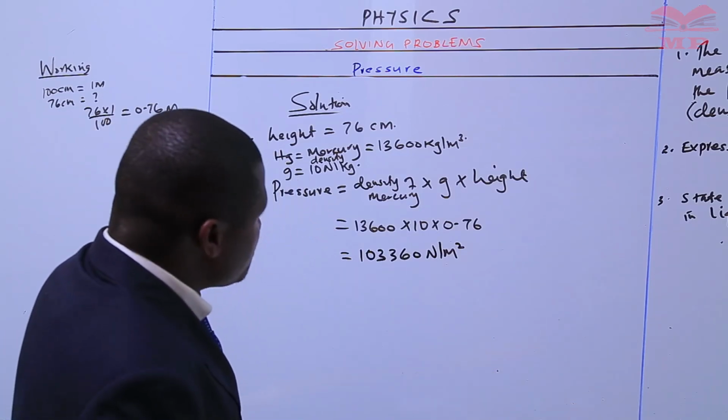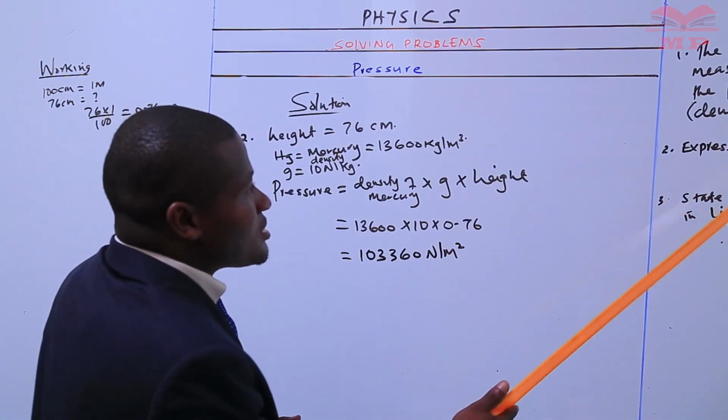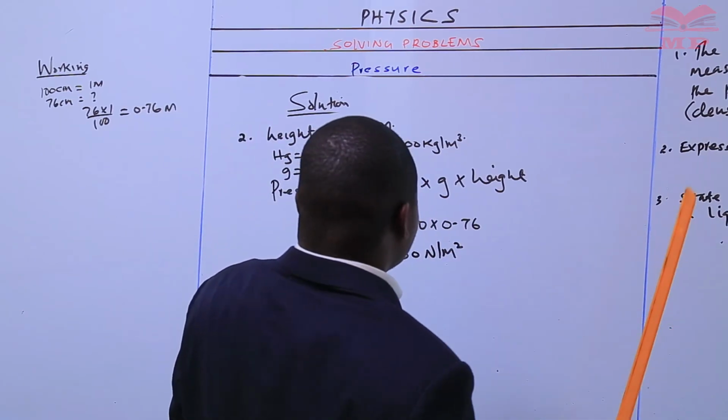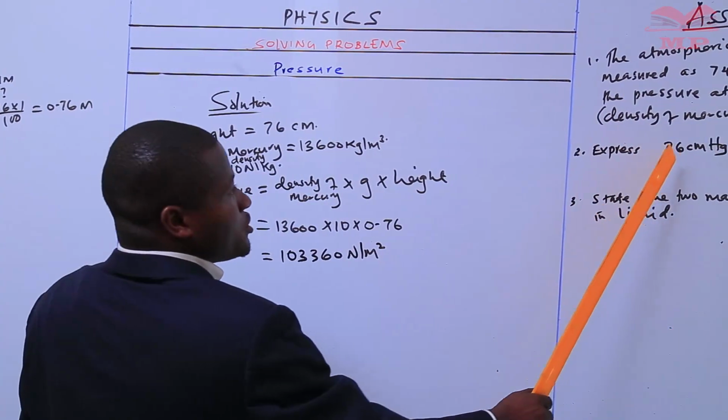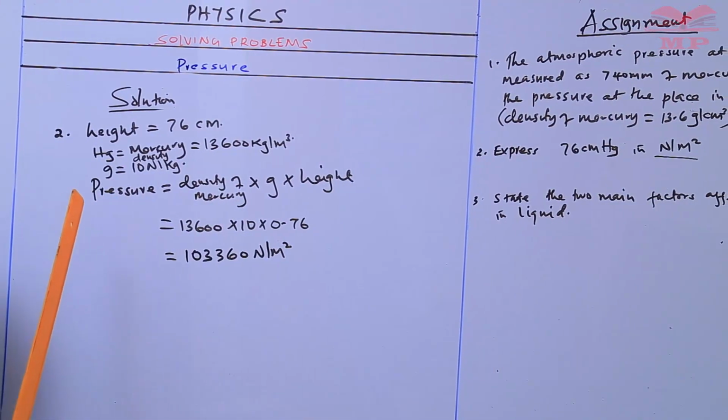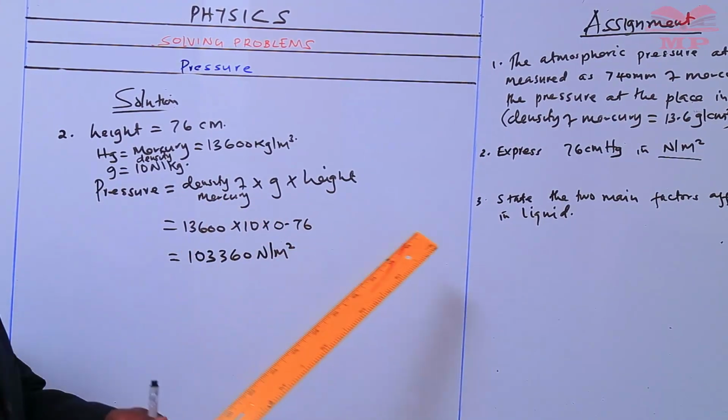So we have expressed 76 centimeters of mercury in Newton per meter squared. When you meet a question like this one, this is how you are supposed to work it out. The last question, question 3.